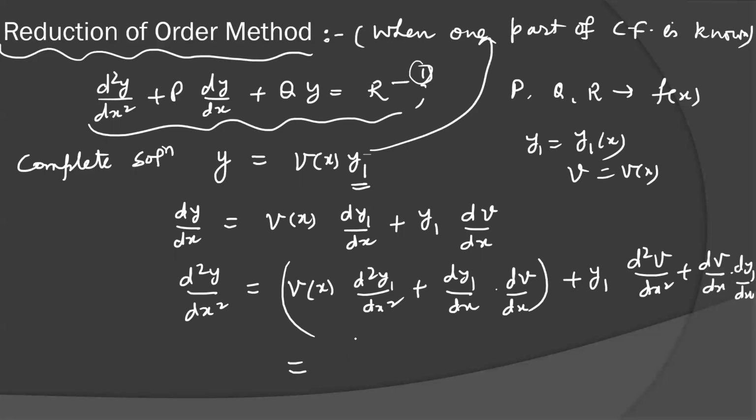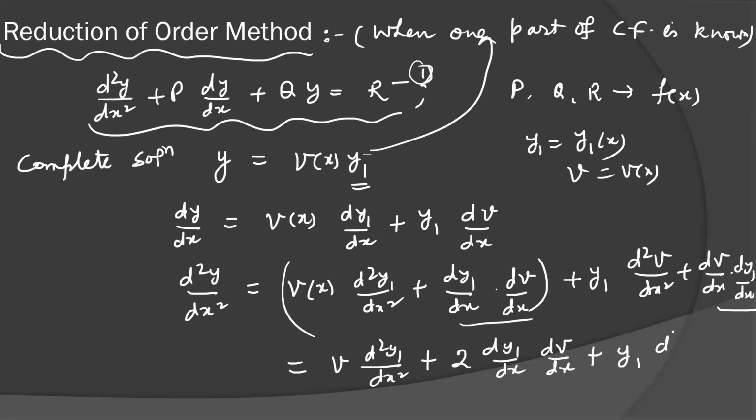Or we can write it in a simpler manner because this term is coming twice here. So we can write v d2y1 by dx2 plus 2 dy1 by dx dv by dx, twice actually, plus y1 d2v by dx2. So this is the value of the second derivative of y.